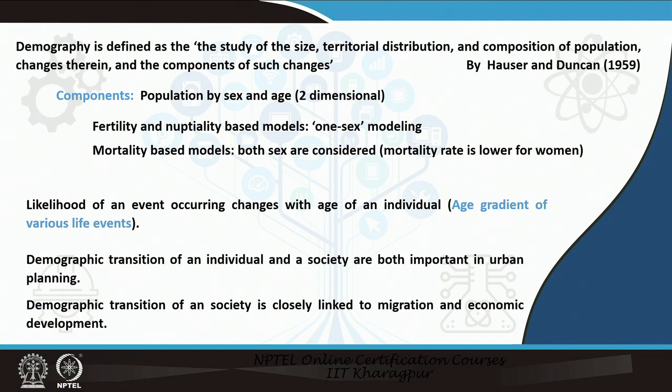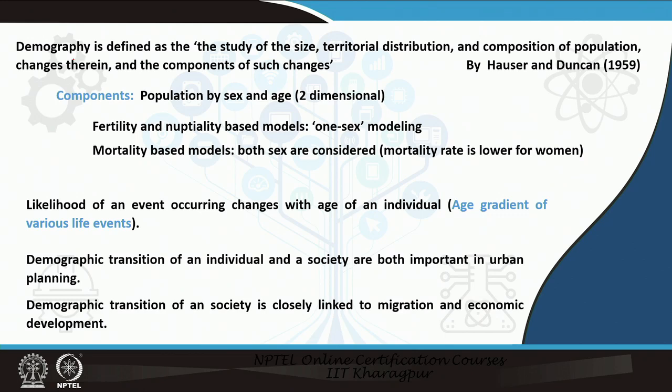So there are different ways to model this change, and we can go for one-sex modeling, where we consider fertility and nuptiality of women, and we can say that the amount of new births is based on marriages of women, and from that we can estimate the new population that will determine the growth of that particular area.